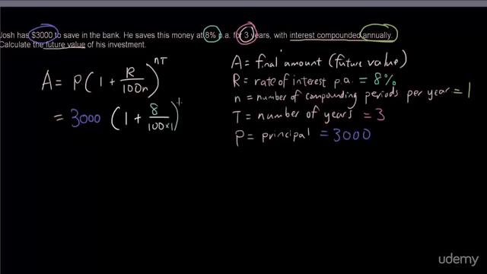Bracket 1 times T is 3. So putting all that into the formula.